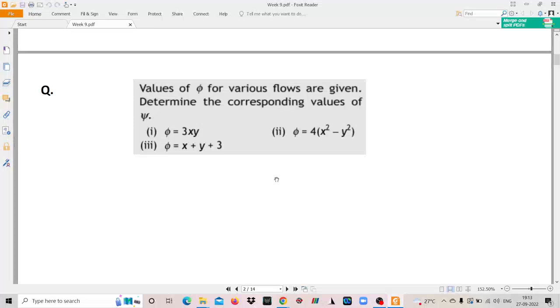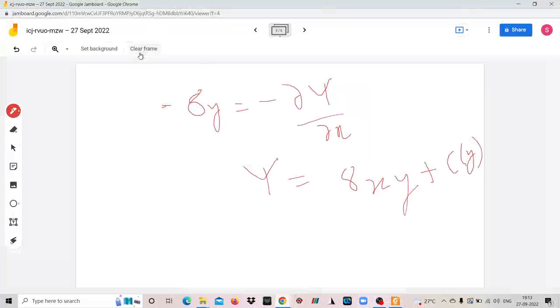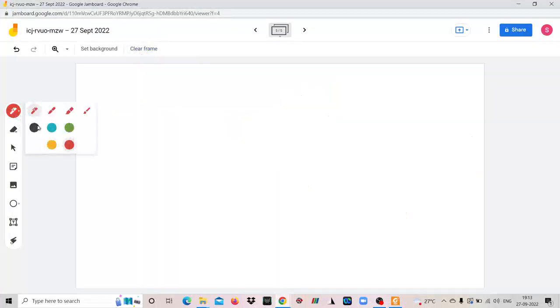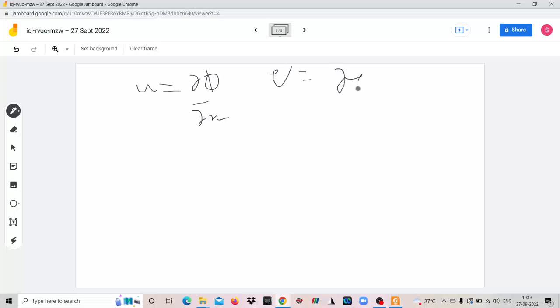So the question may be asked in the reverse direction also. It means that the values of psi, that is the stream function, might be given to you, and you may be asked to determine the value of the potential function from the stream function. But what is important is you should always remember that u is equal to del phi by del x, v is equal to del phi by del y.